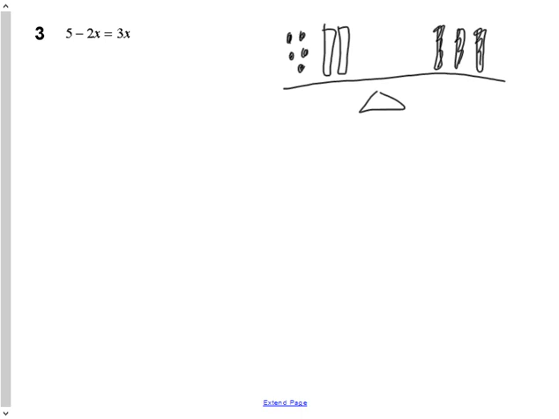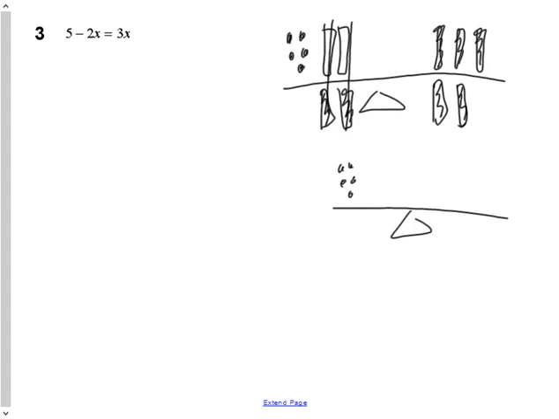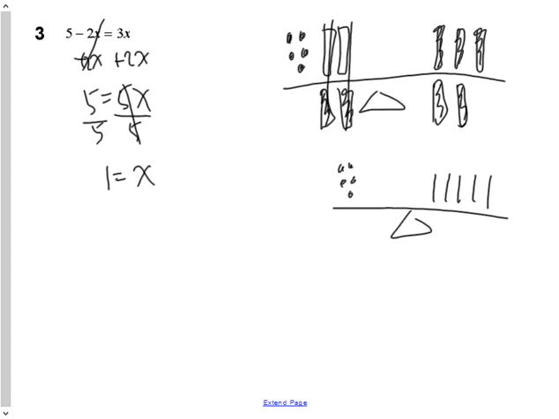So what we're going to do here is add 2x to this side, and add 2x to this side. In doing so, we create a 0 pair, but we also create a much simpler equation of 5 equals 5x. What it looks like over here is adding 2x and adding 2x. So 5 equals 5x. Now we're just going to divide both sides by 5 to get rid of the coefficient. And x will equal 1.